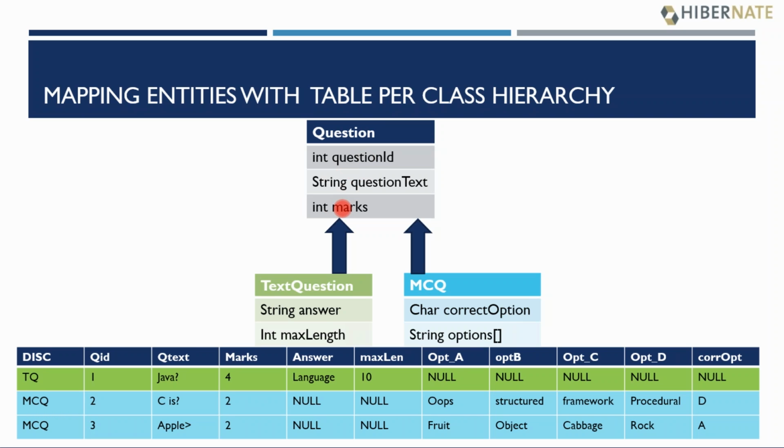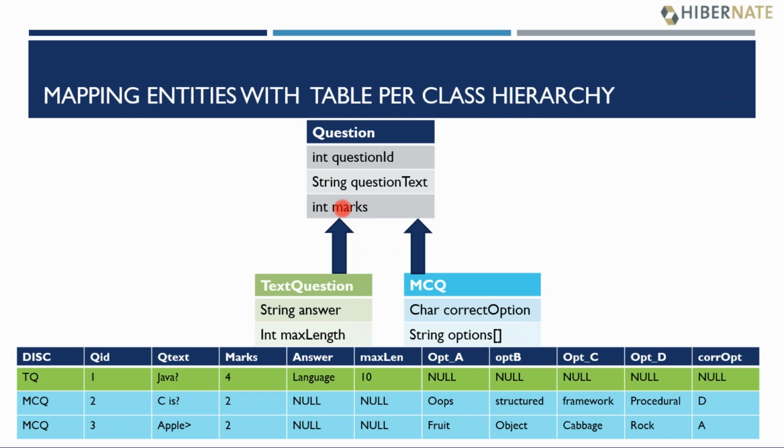So text question is a class, and question is a superclass of text question, or is it embedded inside it? No, it is a superclass. Oh, okay. So then it will only store the class that you are defining it as.